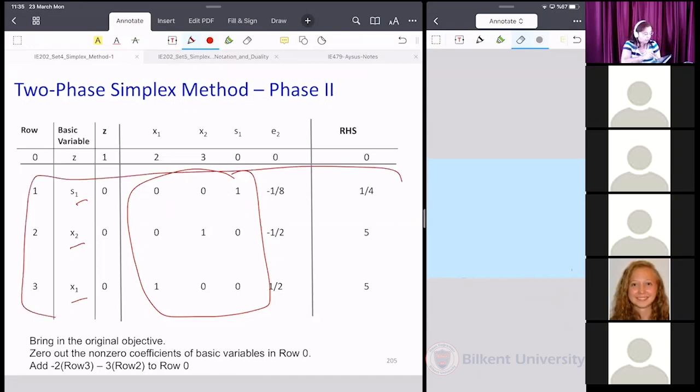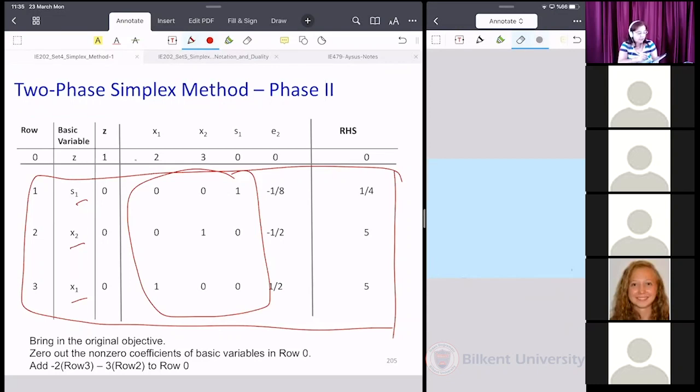That's how its simplex table is going to look. I just don't know what's going to happen in row 0, because I didn't perform those iterations with the correct row 0. I need to get back my original objective and make it a proper row 0. That's all you do.